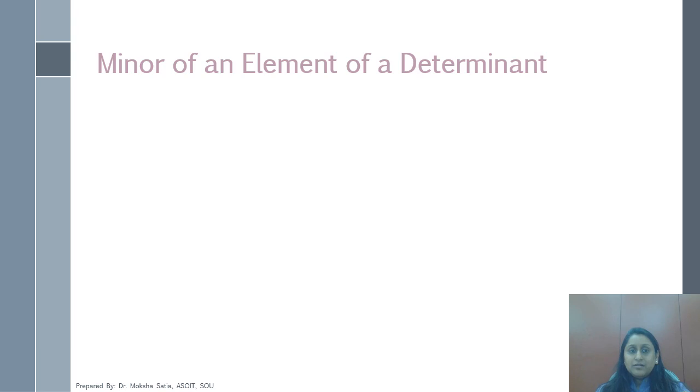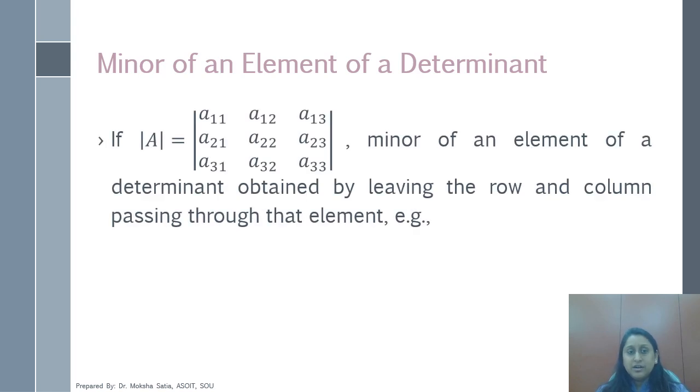Next is the minor of an element of a determinant. From this you can see we find the minor of an element, not of the whole matrix. For this minor we should have a determinant. So let's take a determinant of A. Here I have taken A in a general form: A11, A12, A13, A21, A22, A23 and A31, A32, A33.